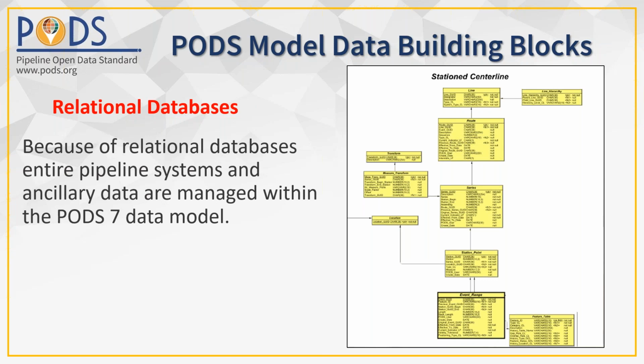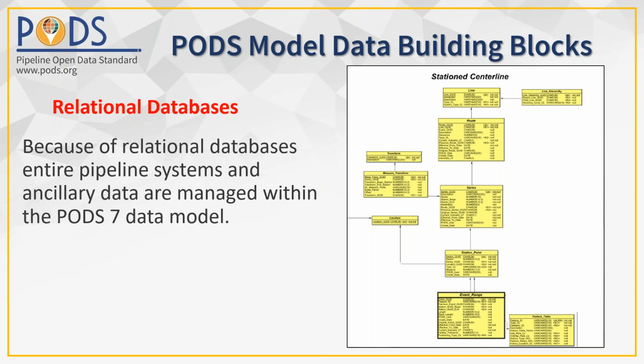So this is a tabular representation of how you would take information about a center line and establish data tables that are related to each other and also provide connectivity to other databases that can feed into the station center lines. So it's because of relational databases that we can build out something like a PODS data model.